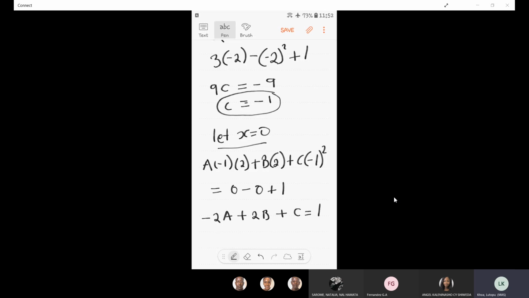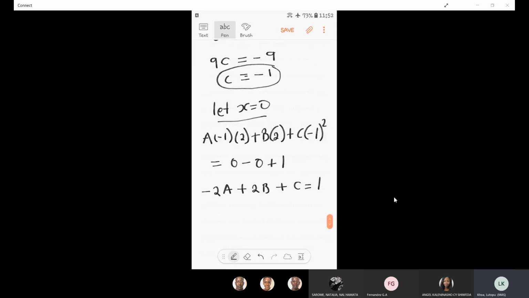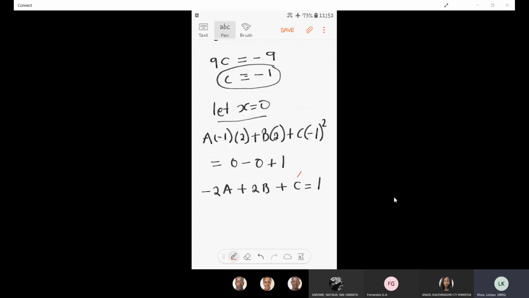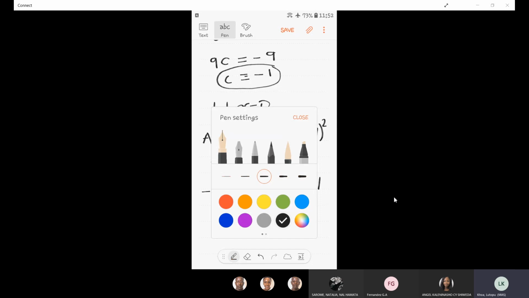I already know the values of B and C. So I know that C is minus 1. This is minus 1. And B, we got 1. So I can substitute those ones as well and then solve.